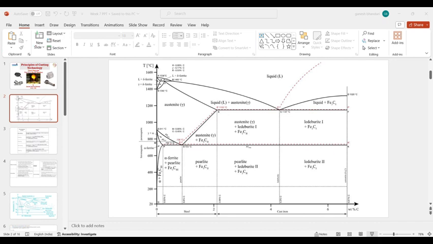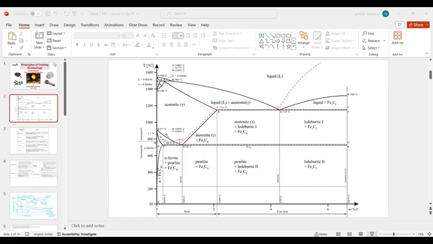It decomposes the cementite into graphite, and if you give sufficient time, this graphite is going to get converted into spheroidal graphite, and you are going to get nodular cast iron or ductile cast iron, okay. So that was the process.